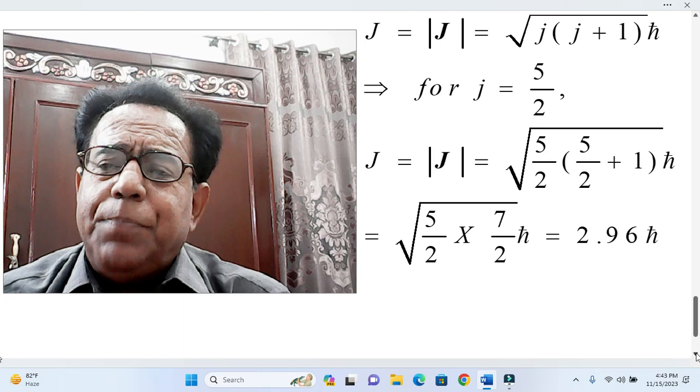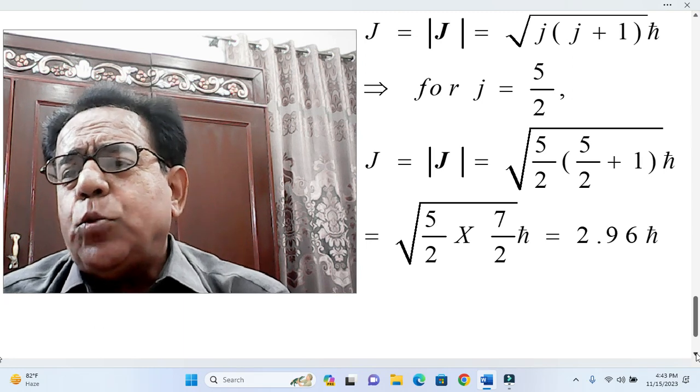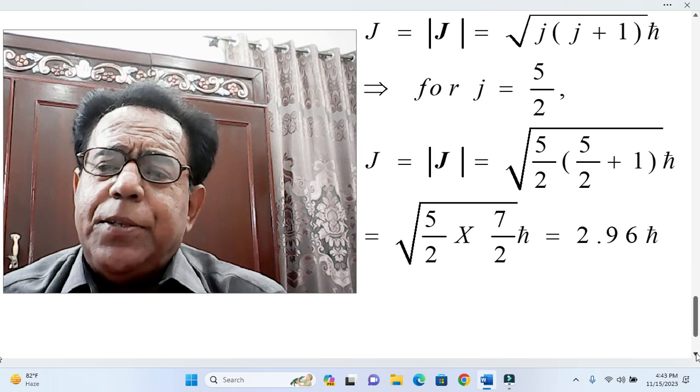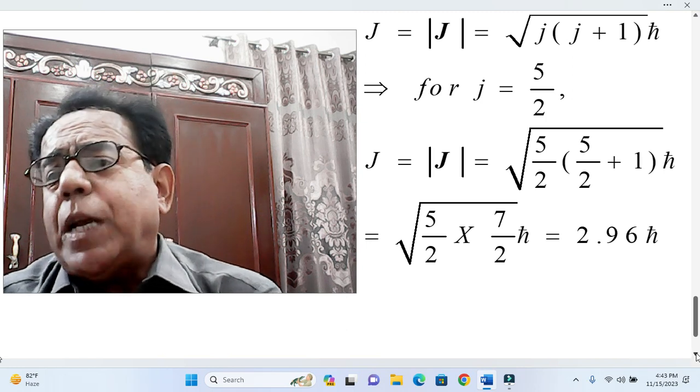So when we use this value in the above formula, the magnitude of the capital J vector, capital J bold, becomes equal to root of 5/2 into 5/2 plus 1, times h cut.